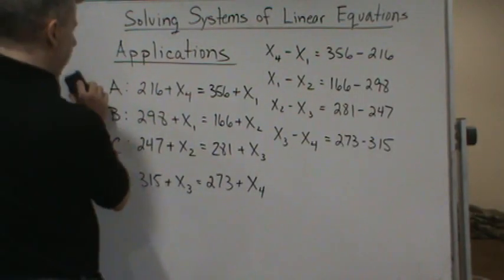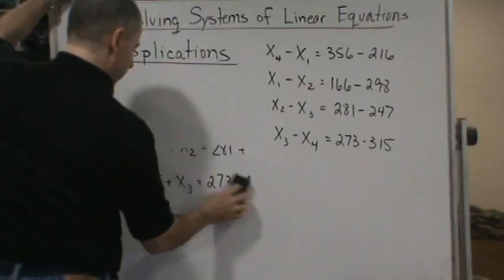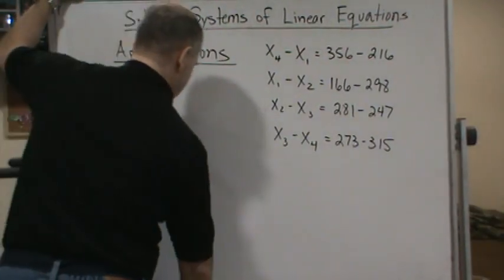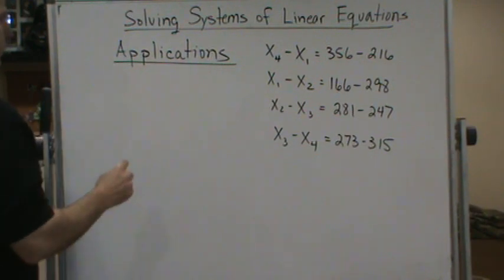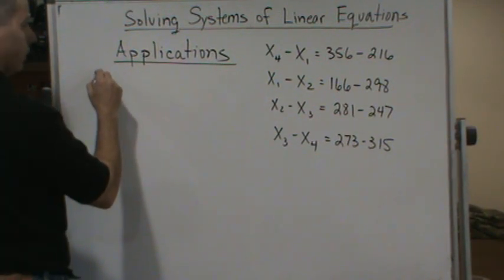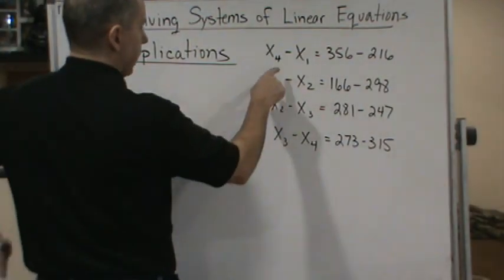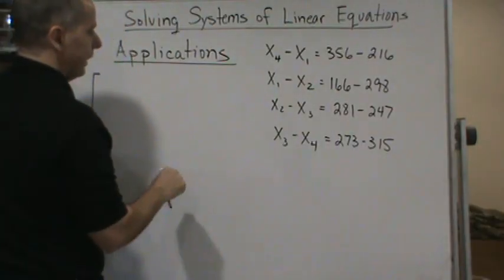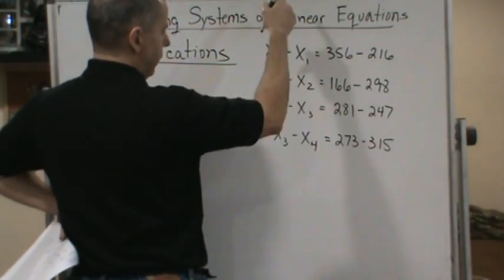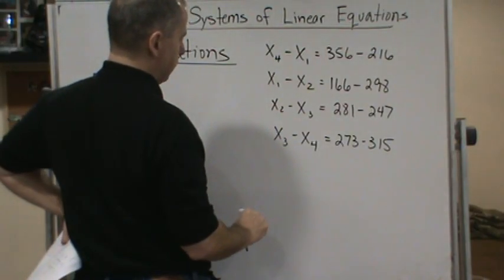All right, so now everything is in the right order, so now what we're going to do is set up the matrix, right? So, first one is going to be what? We want X1 first, right? So again, we want all the X1s, X2, X3s, and X4s lined up, right?